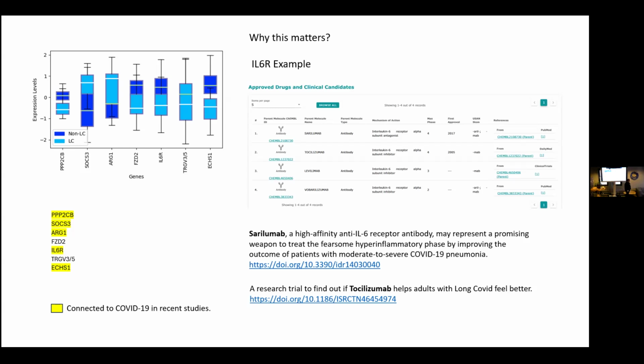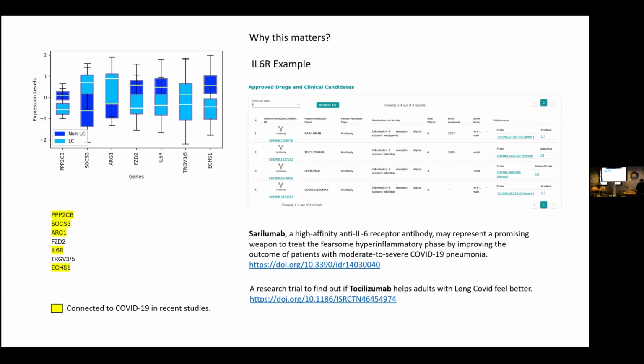So for some of the genes, they are higher in long COVID individuals, and then the others are actually lower in long COVID individuals, right? Okay. And then does it kind of make sense?